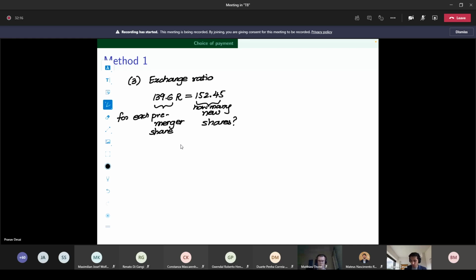And if you do this calculation, that gets us to R is equal to 1.09. So United should give Continental 1.09 per existing share. That gives us the exchange ratio.